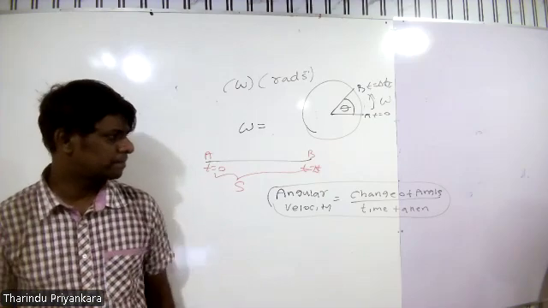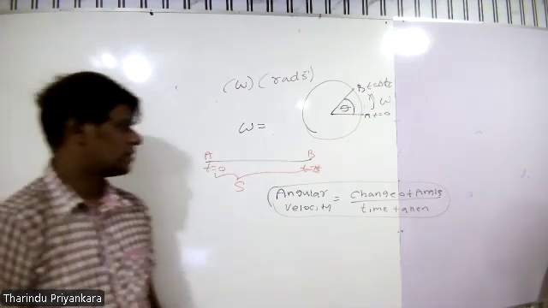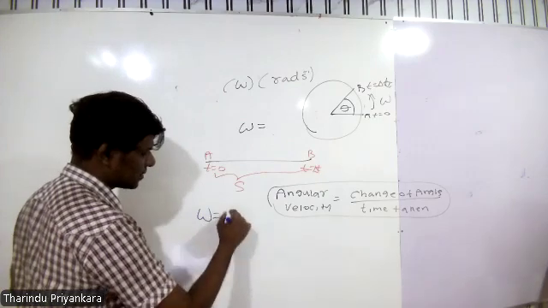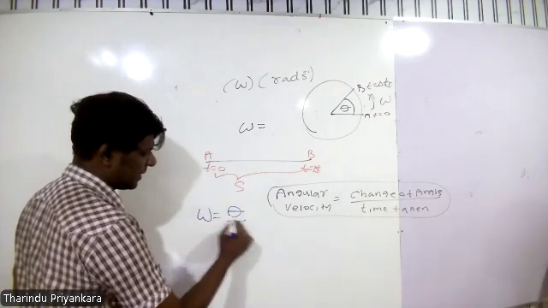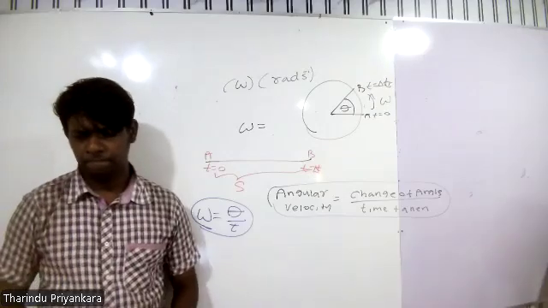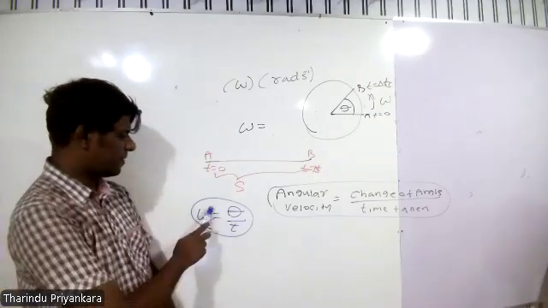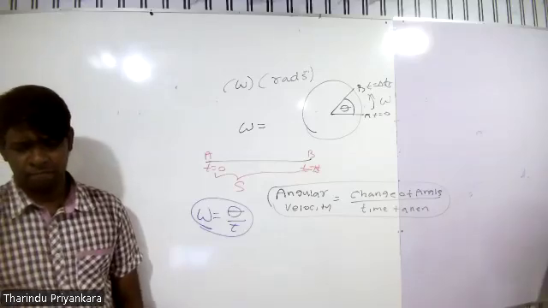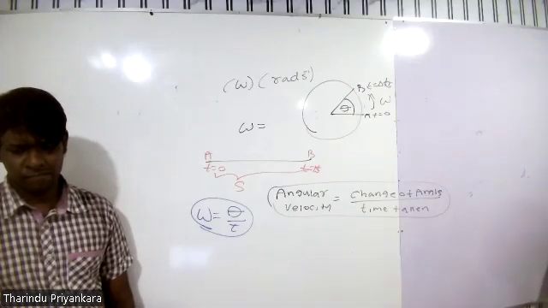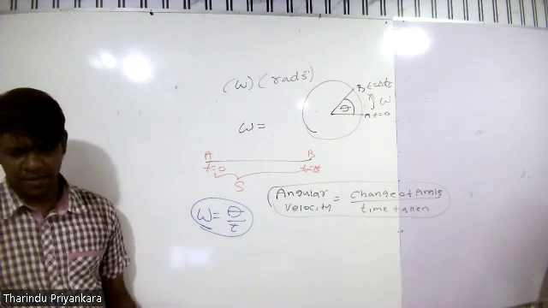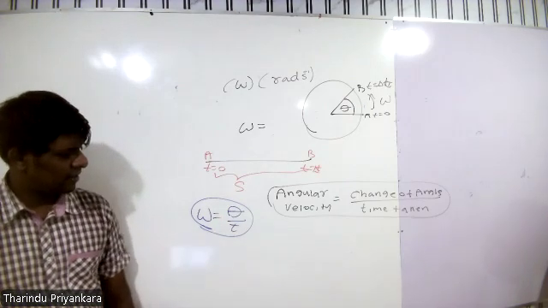Okay, so the equation is omega equals theta over t. Omega equals theta over t. Okay? Omega equals theta over t.